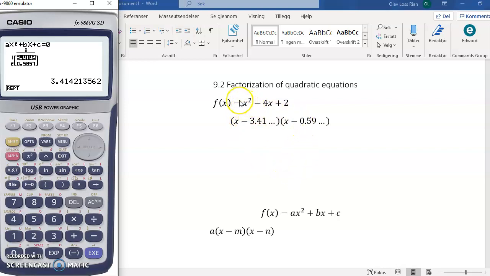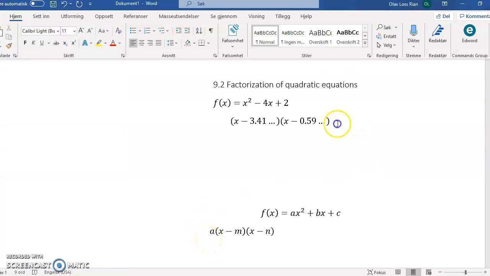If the A is of a different value, you would put it outside like this. Now, what this means is because you've solved this equals 0, these are the zeros of the function.